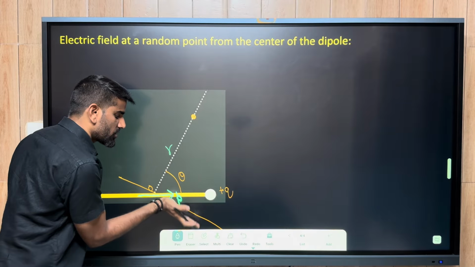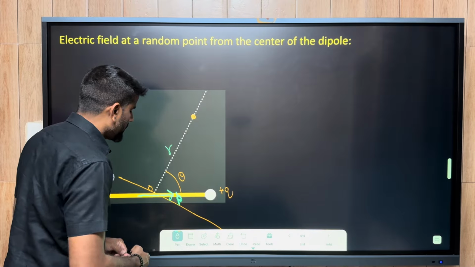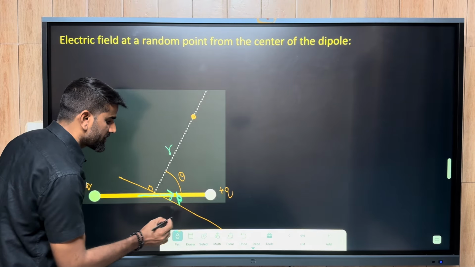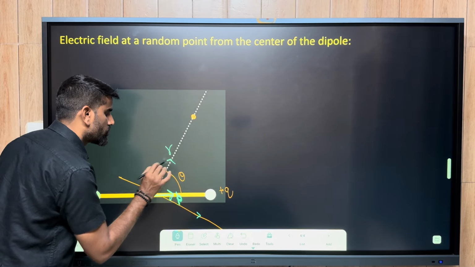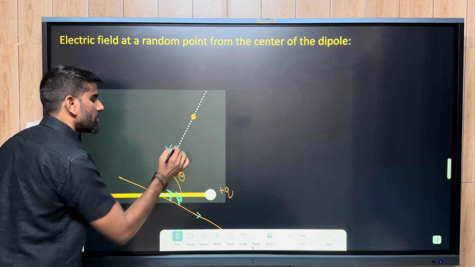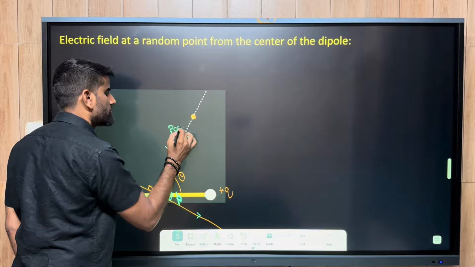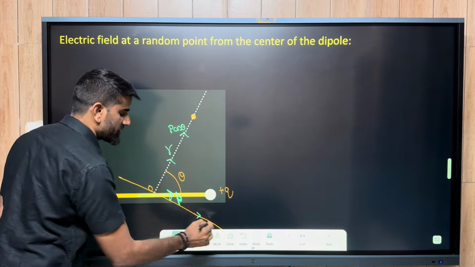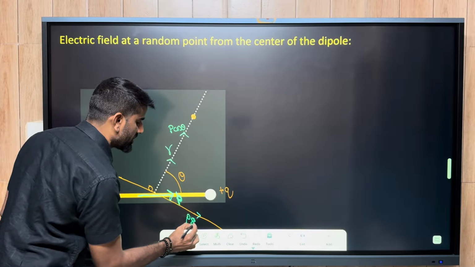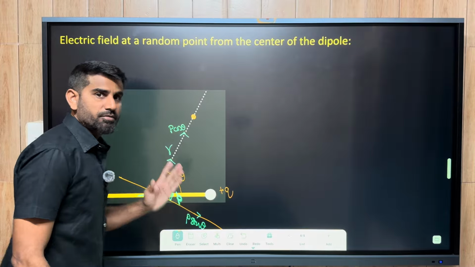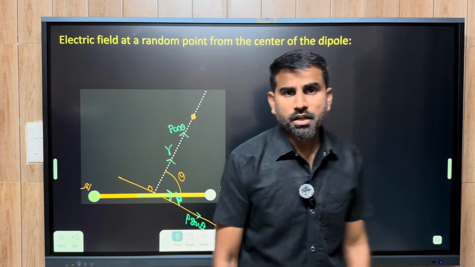One is along this R, one is along this perpendicular. If I resolve this P into two components, in this direction we will get P cos theta, and in this direction we will get P sin theta. Is my point clear?